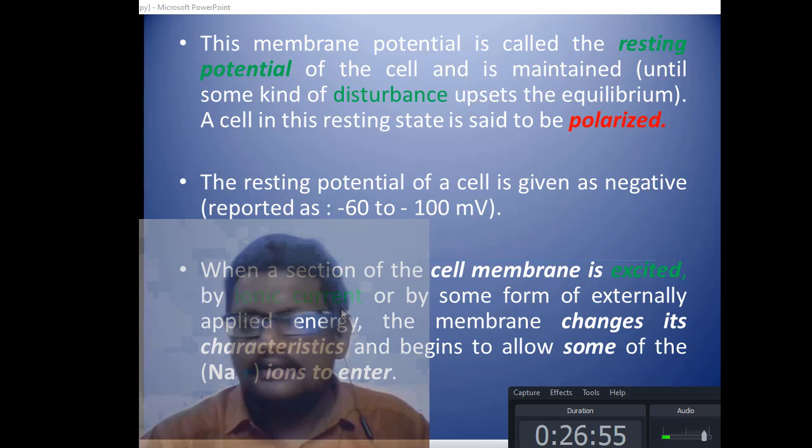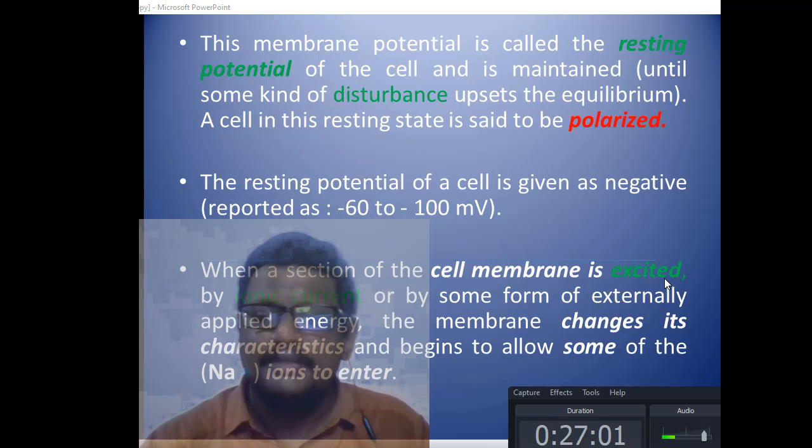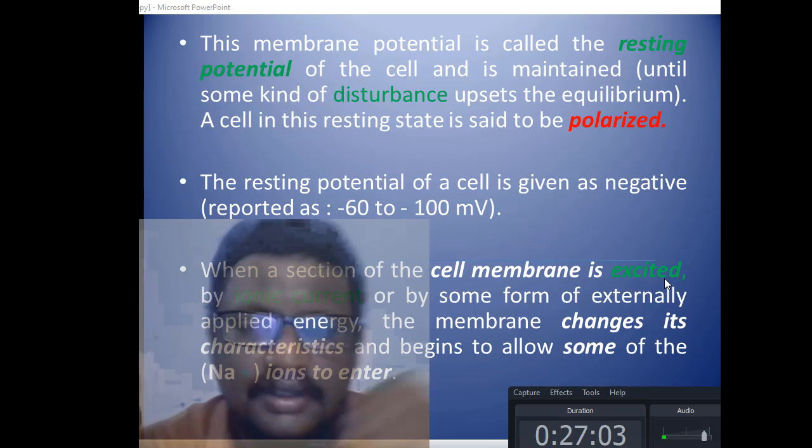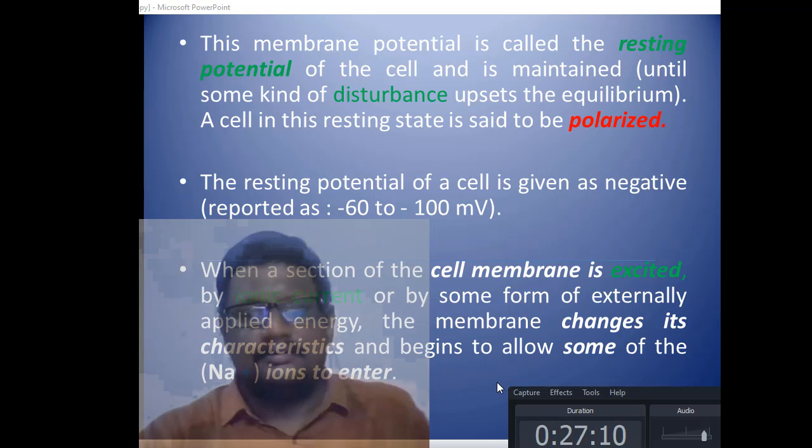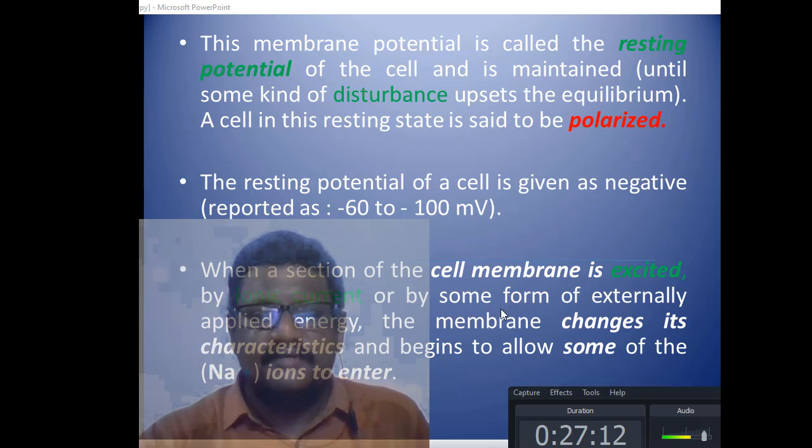And after that, the cell cannot be in a resting state for a long time. When a section of the cell membrane is excited, that's what I simply called some external disturbance. What happens when the external disturbance takes over? Some ionic current or some form of externally applied energy changes the membrane's characteristics.